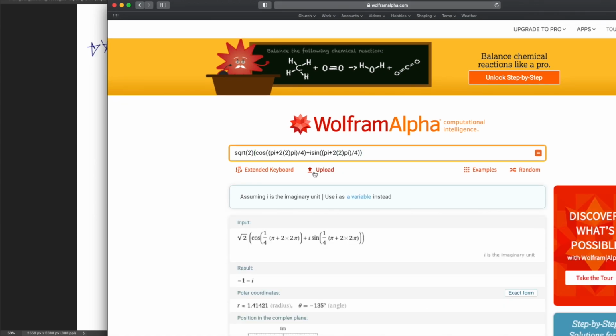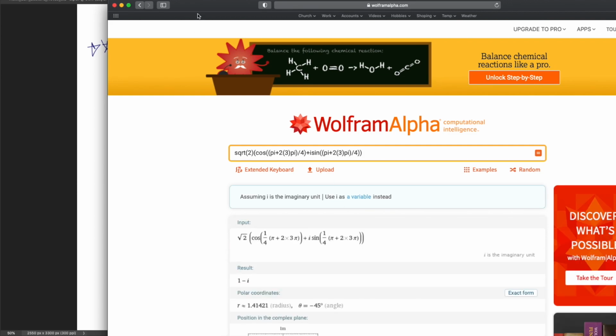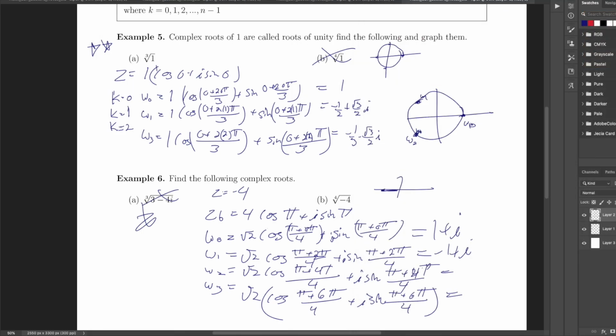Here we get negative 1 minus I, and then here we put in the 3, and that should give us 1 minus I. So here. And so we have minus 1 minus I, and then we have the 1 minus I.